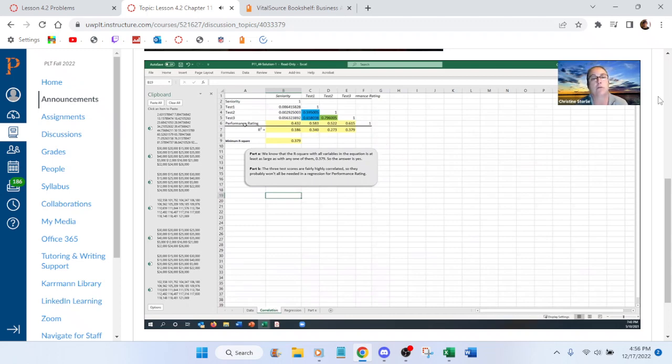Of course, performance rating is the variable that we're trying to predict. So we want to look at the correlations between all of our predictor variables and that performance rating measure: 0.432, 0.583, 0.522, and 0.615.